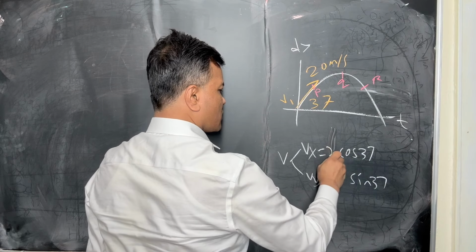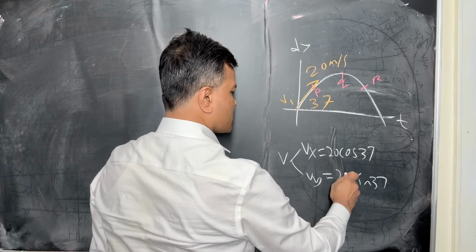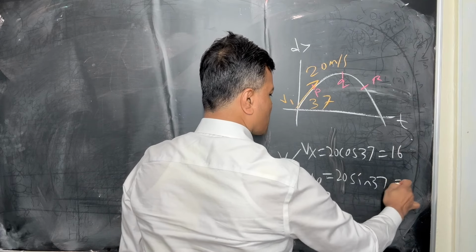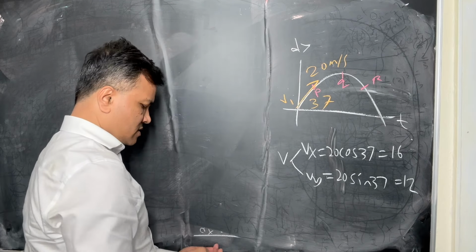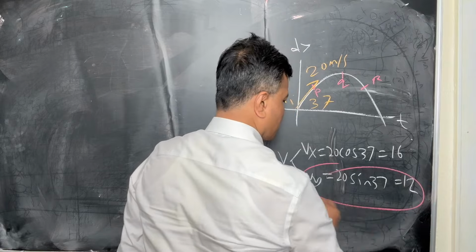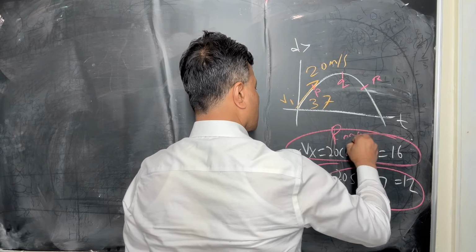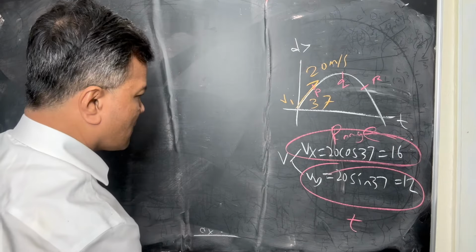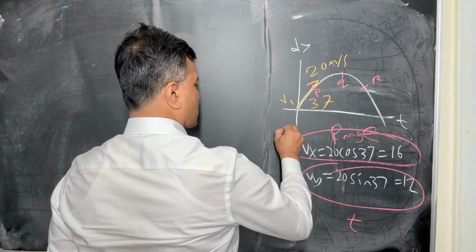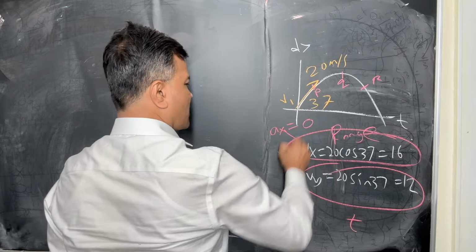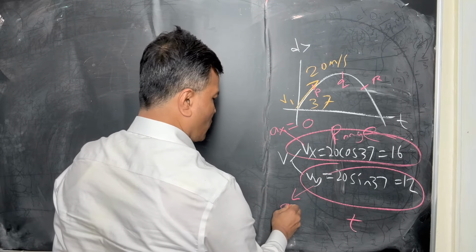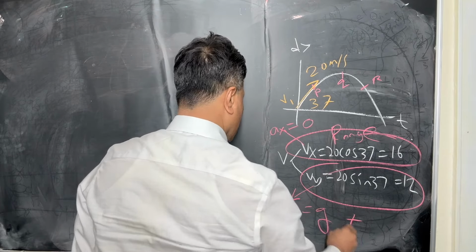So this is 20 cosine 37, this is 20 sine 37, this is 16, this is 12. The time depends on this one. The range depends on this one. In the x direction, Ax is 0. In the y direction, Ay is g, acceleration due to gravity.